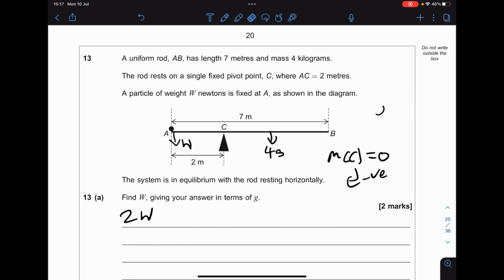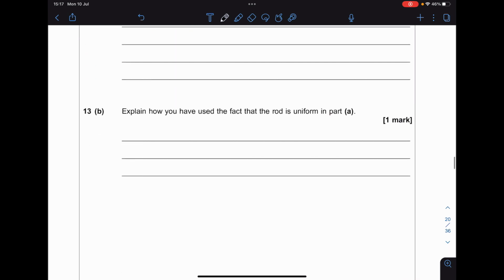And this bit is going to be 1.5 meters, so that's minus 1.5 times 4g, so that equals 0. That's going to give me that W is 3g. Very good. Explain how I use the fact that the rod is uniform. So the weight is just an easy 1 mark, acts at the centre.